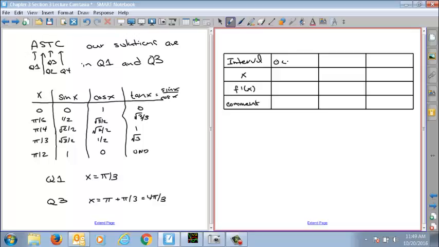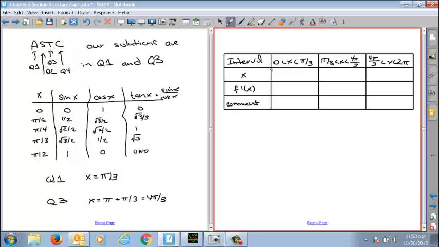So we go from 0 to pi over 3. We go from pi over 3 to 4 pi over 3. And we go from 4 pi over 3 to 2 pi.